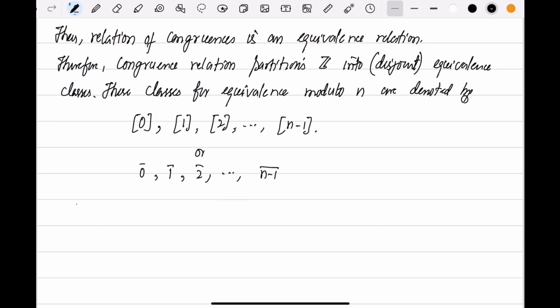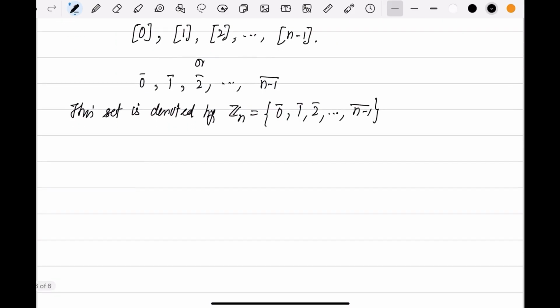This set is denoted by Zn, which is stated as integers modulo n. So this is how the total set of integers is partitioned.